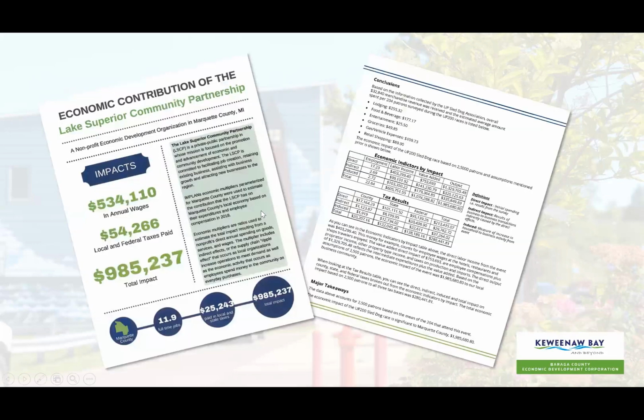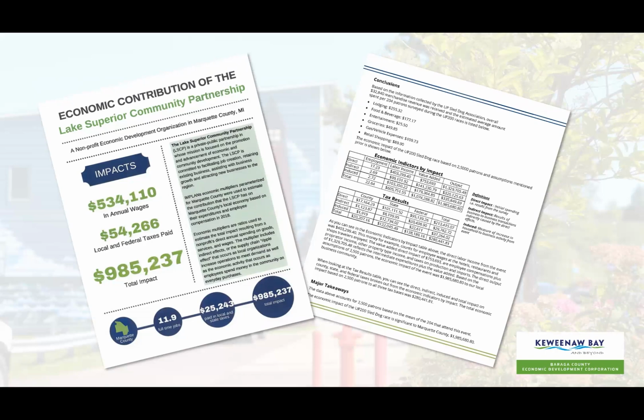So here's just an example of what that impact report can look like. This was done on the LSCP, but what you'll get out of it is you will get the local tax results. So a lot of people will use this to show the impact that you're having to the county, state, and federal taxes. You'll get information to show how many jobs the potential expansion or event is creating in the community, how much labor income it's creating in the community.